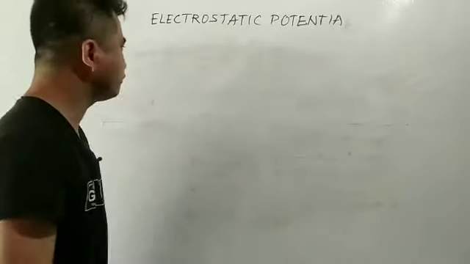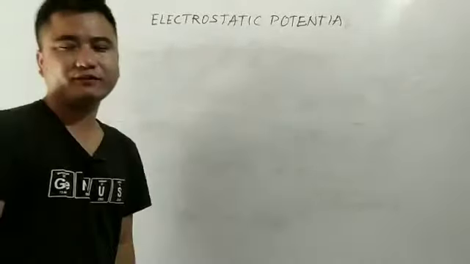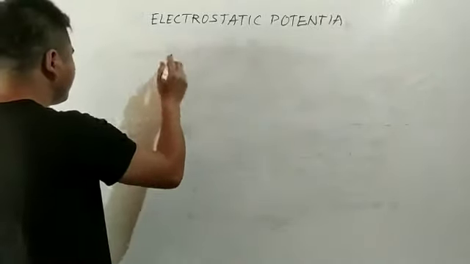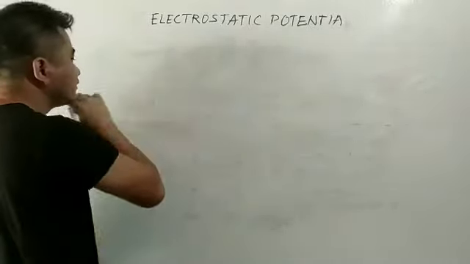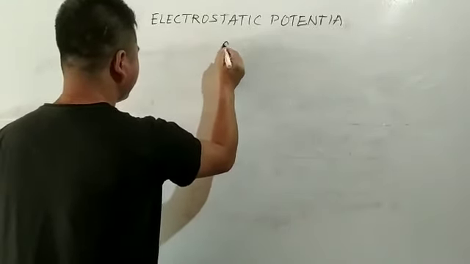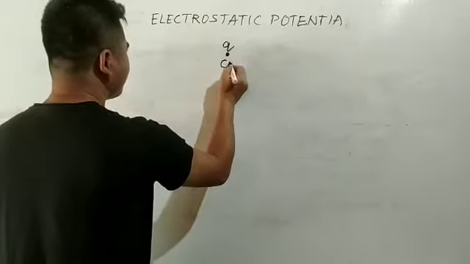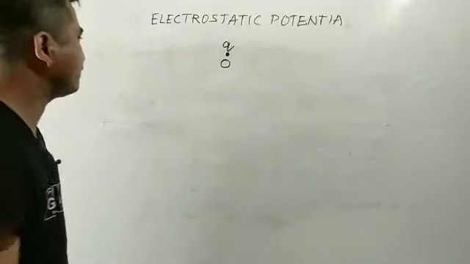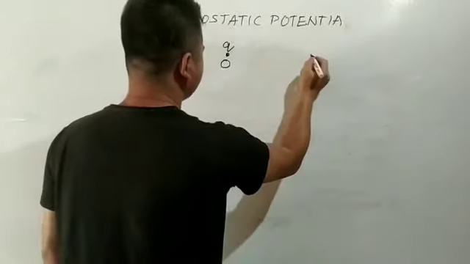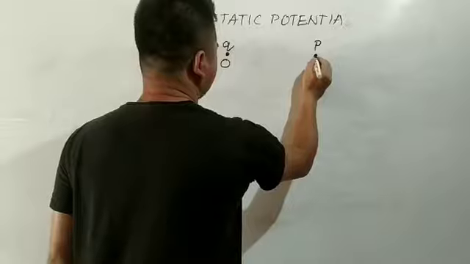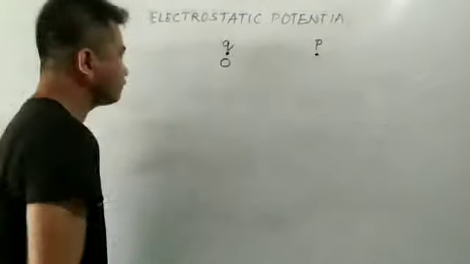So now we'll do the derivation of electrostatic potential at any point. Let's consider a charge Q at O. Now we have to find the electrostatic potential at point, say, P, due to this charge.